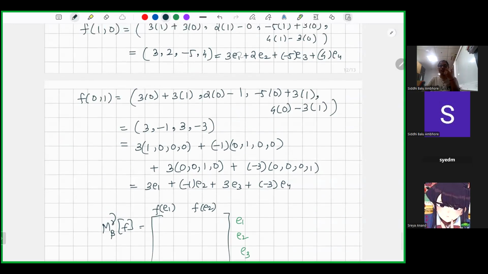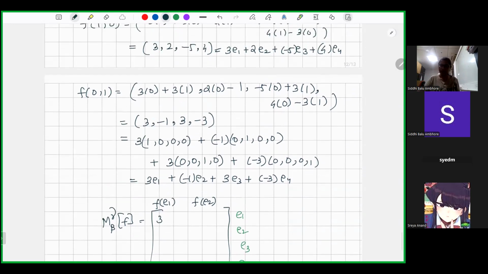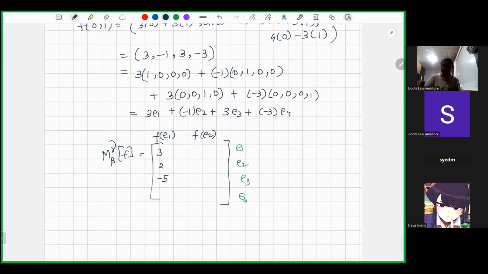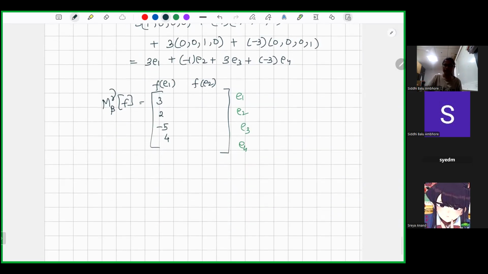Since the coefficient of E1 is 3, it will be 3. For E2 it is 2. For E3 it is minus 5. For E4 it is 4. And similarly here, it is 3, minus 1, 3, minus 3. That's it. This is what we got, and this is my matrix.